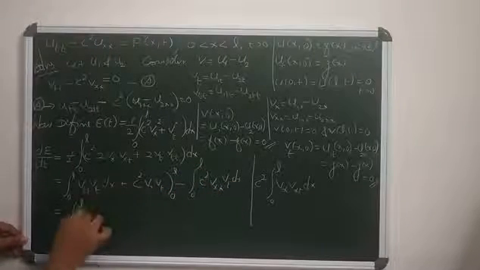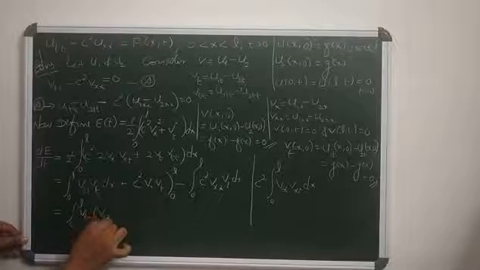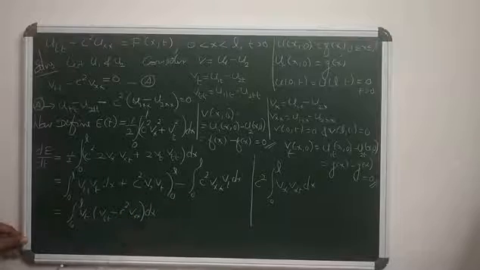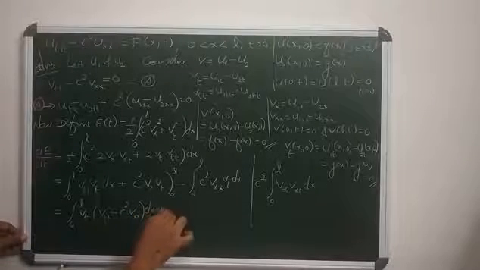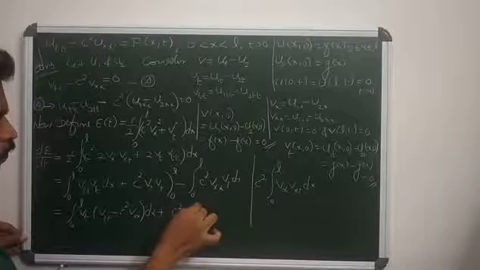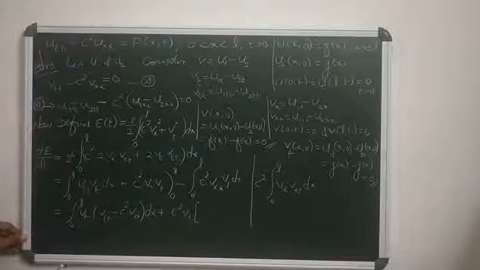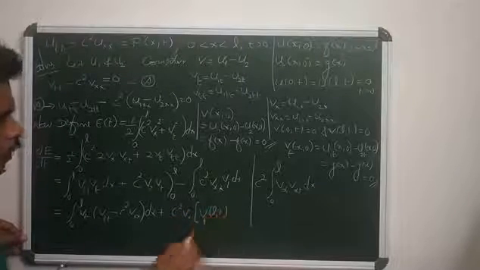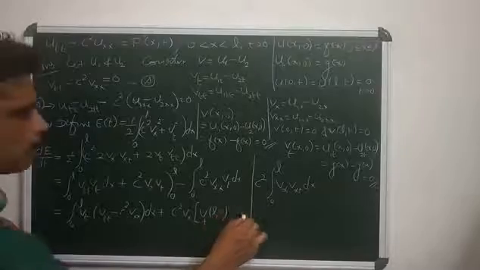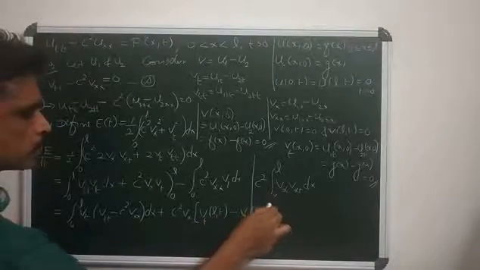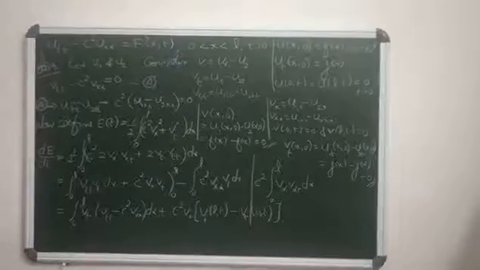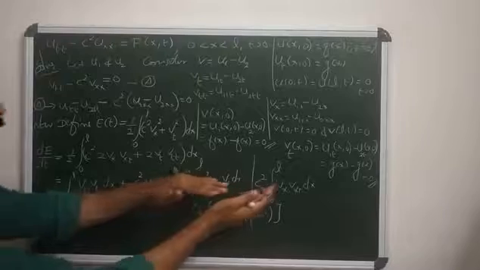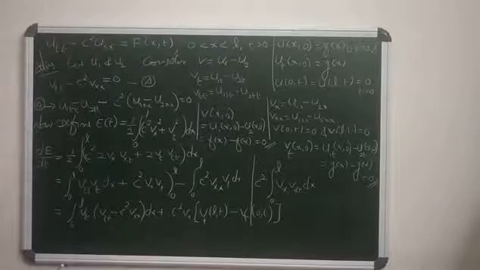So it is vt into integral of vtt minus c square vxx dx, plus c square vx into vt evaluated between the upper limit L,t and the lower limit 0,t.